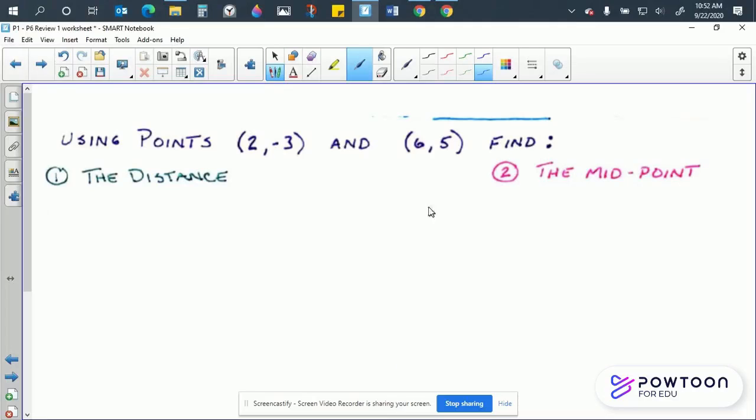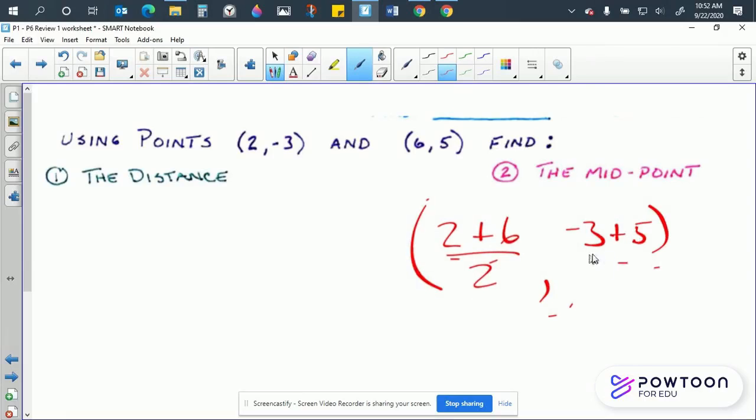Now to find the midpoint, we're going to take x plus x over 2 and y plus y over 2.